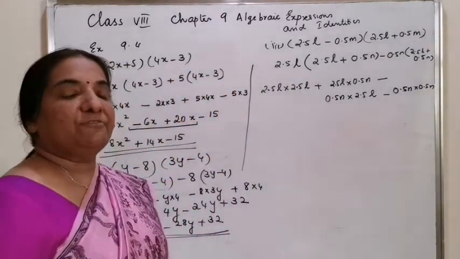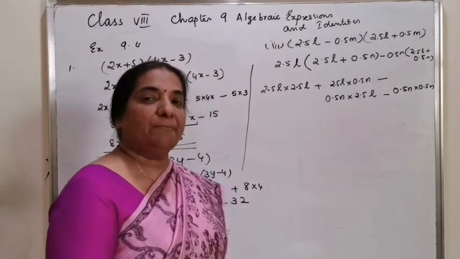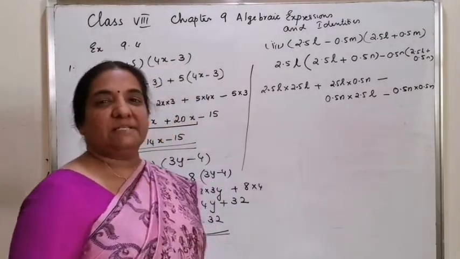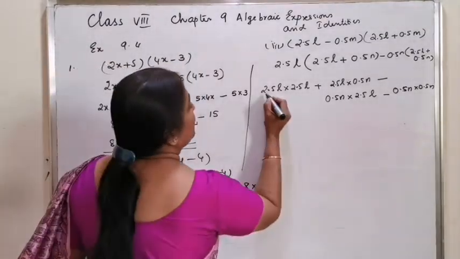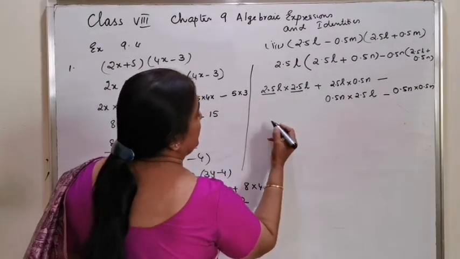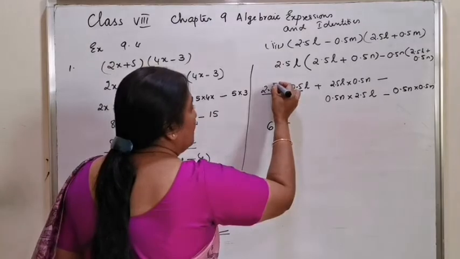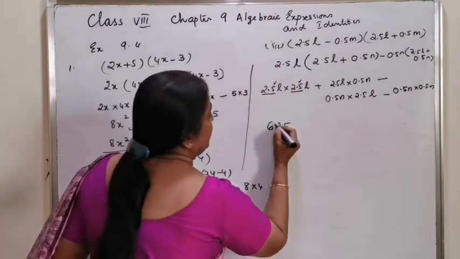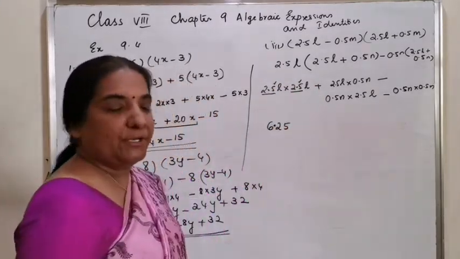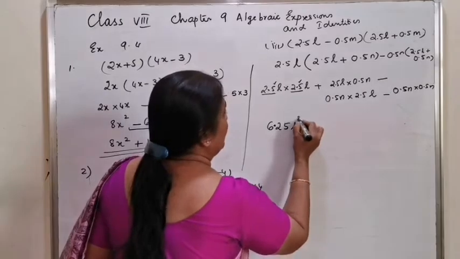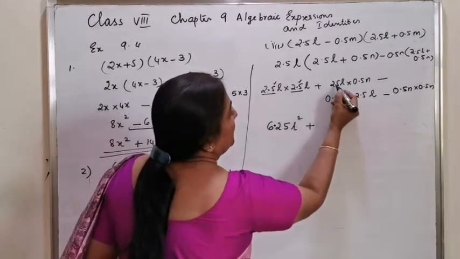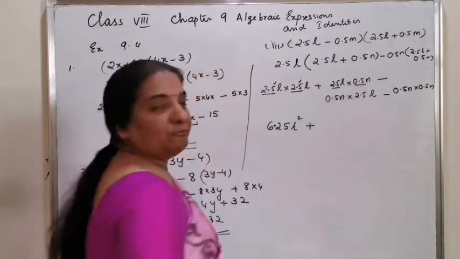The multiplication of decimals, you can just multiply the numbers. You can remove the decimals from the right. So 25 into 25 is 625. One decimal place, another one, that means there are two decimal places. 6.25 L square plus 25 into 5.